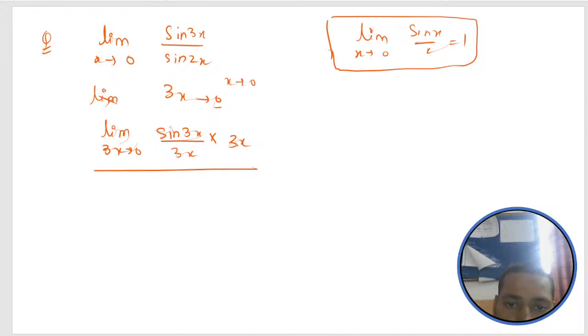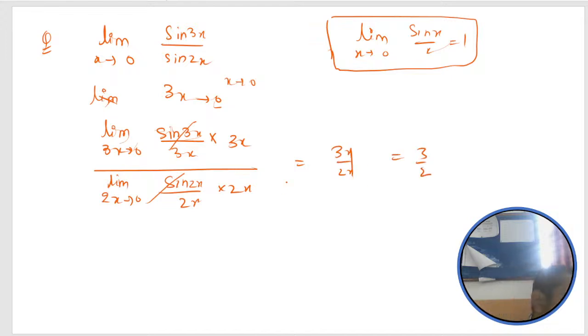So here I have done the multiplication and division of 3x, and then in the denominator limit 2x tending to 0, we can write sin 2x by 2x and into 2x. This one and this one going to be cancelled or going to be 1, and this is 3x by 2x, x cancel, the answer will be 3 by 2.